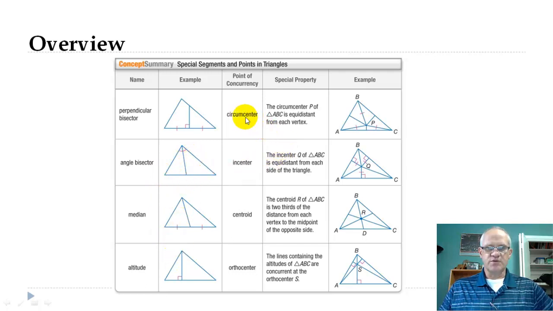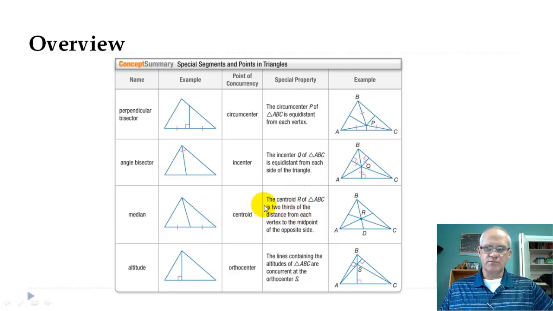But then also remember that the circumcenter goes with the perpendicular bisector, and in that case, from that point of the perpendicular bisectors to each vertex is the same. The incenter goes with the angle bisector, and so when you do the angle bisectors, from that point where they come together to each side is congruent.